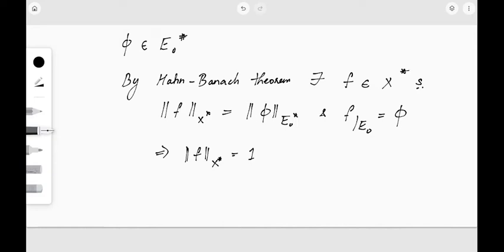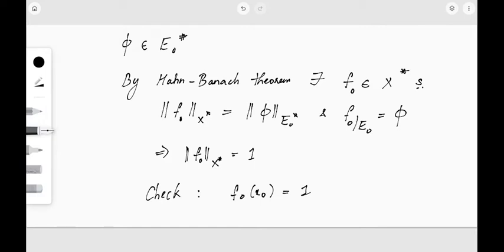Now we have to check whether f of x₀, or f₀, since in the theorem they have stated f₀, so let's use f₀ also here, is equal to 1.